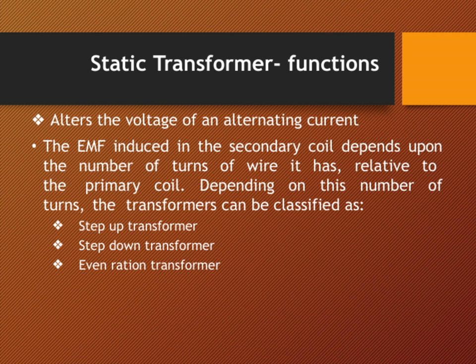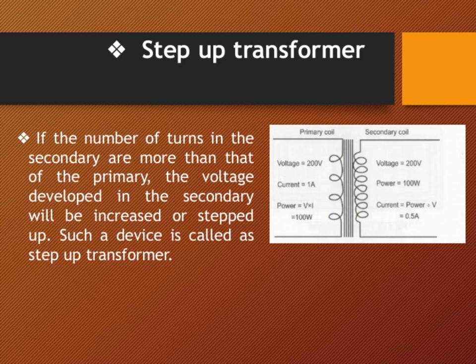So, understanding how the turns ratio influences the EMF helps us grasp how transformers can either boost or lower voltage as needed. Now, let's talk about what happens when the number of turns in the secondary coil is more than that in the primary. In this case, the voltage that's developed in the secondary will actually increase, or in other words, it gets stepped up.